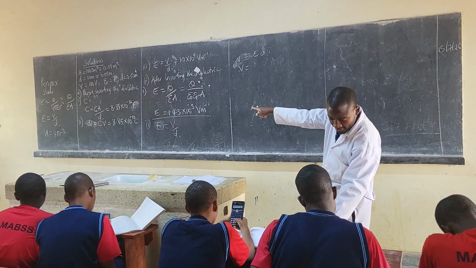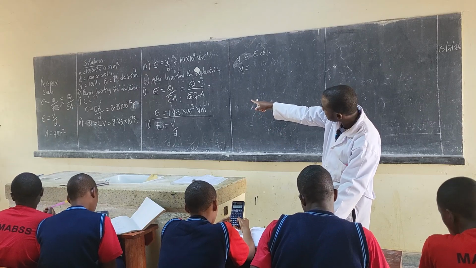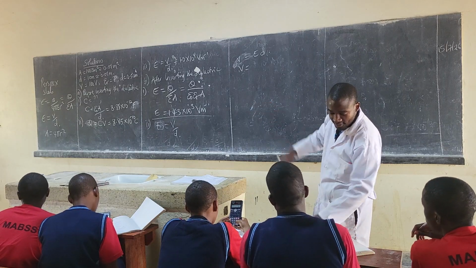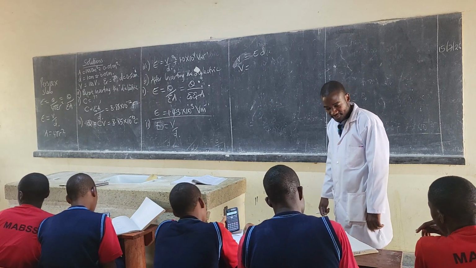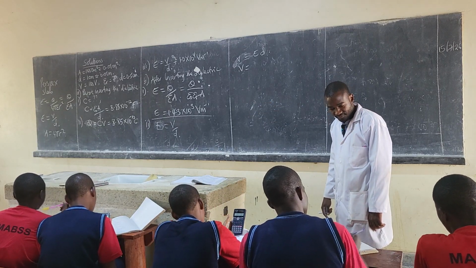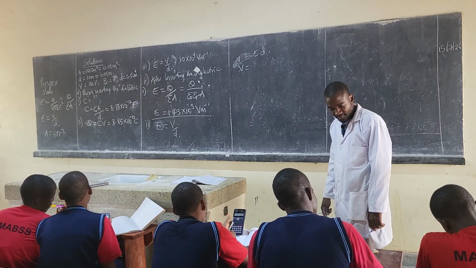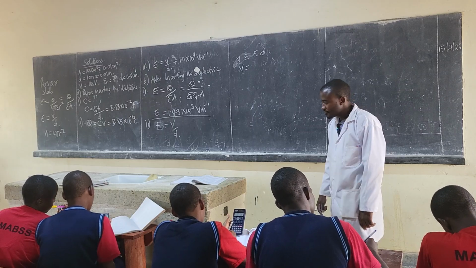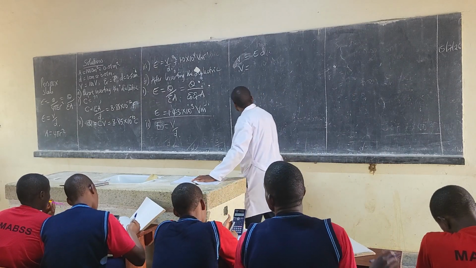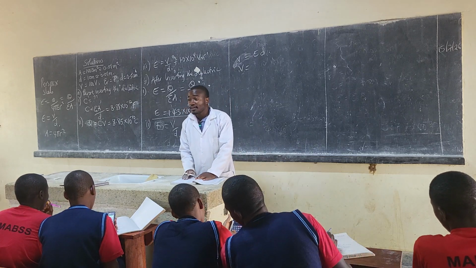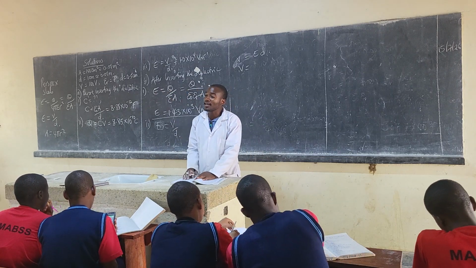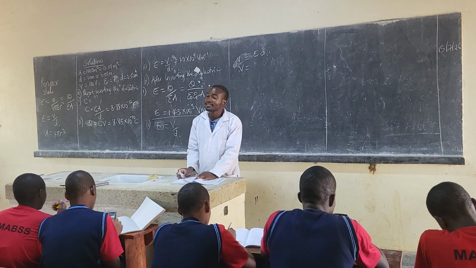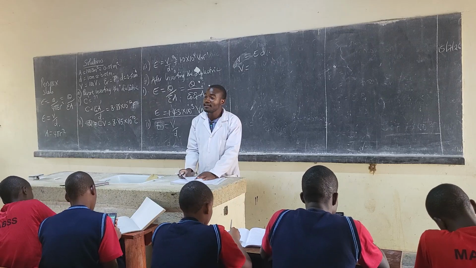After epsilon R, you see? The D after epsilon R is 0.5. Young girl, you are sleeping. Are you done? We still have Roman 3.